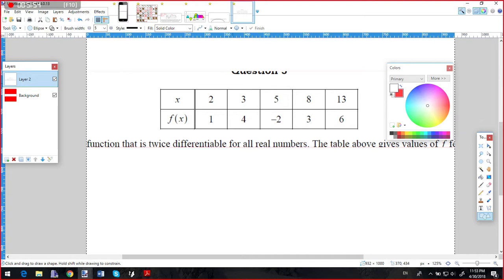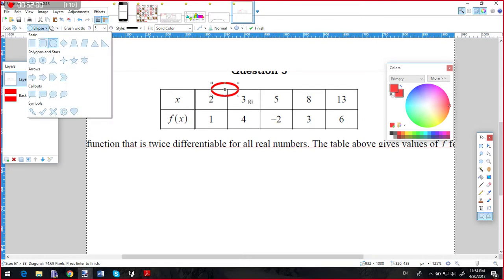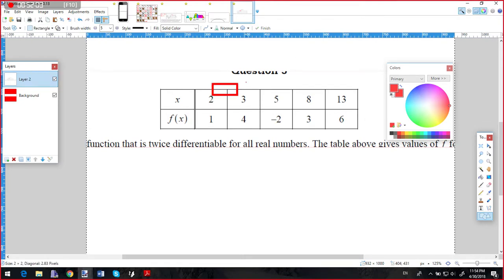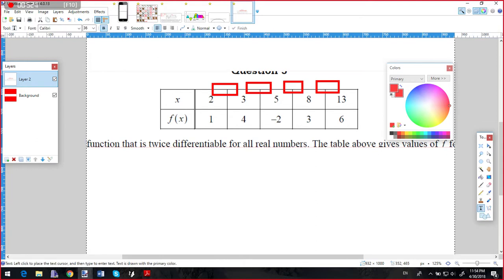I'm going to have one rectangle that goes from 2 to 3, another rectangle from 3 to 5, another one from 5 to 8, then another one from 8 to 13. The heights of those rectangles will have to come from the left side. So the height of my first rectangle is 1, and my base is 1. That's my distance from 2 to 3.